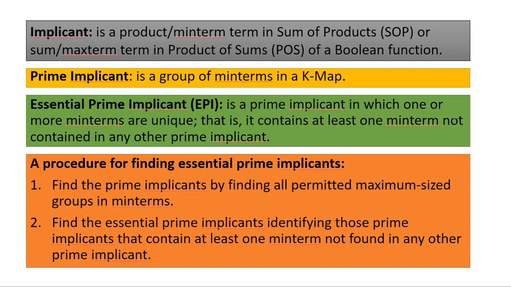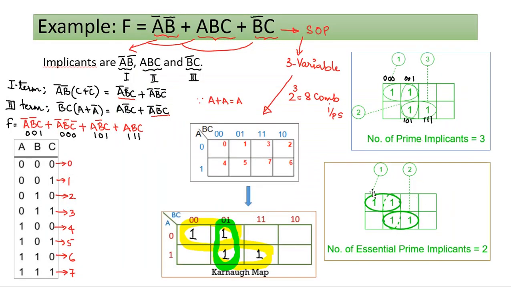Now coming to the second definition of essential prime implicant, it says that a prime implicant is essential if it contains at least one minterm not contained in any other prime implicant. If you look at the first group, you have one implicant which is not present in any other group. Whereas in the second group, both of them are present either in this or in this.